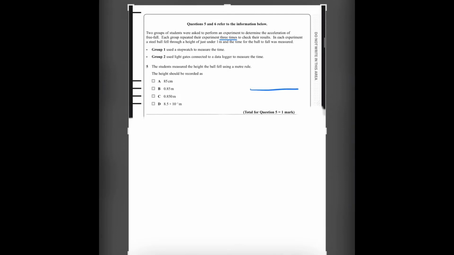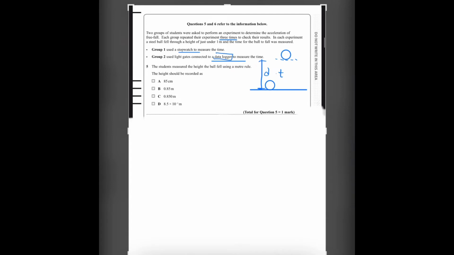So we have the ground here and we have a ball. We release the ball from this height, and the ball will finally reach the ground. So we will have the distance d and the time, and we can find the velocity and anything regarding the experiment. Group 1 uses a stopwatch to measure the time. Group 2 uses light gates connected to a data logger to measure the time.